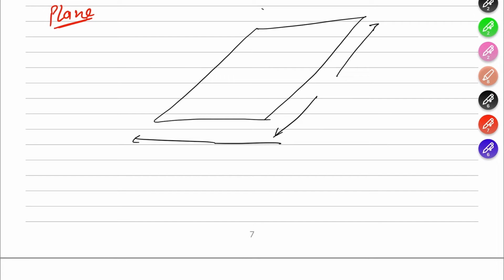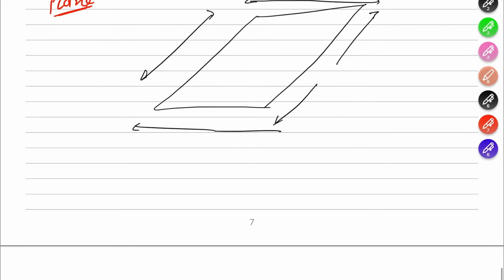It is extended in this direction or this direction, but it remains 2D. This direction is called the width.